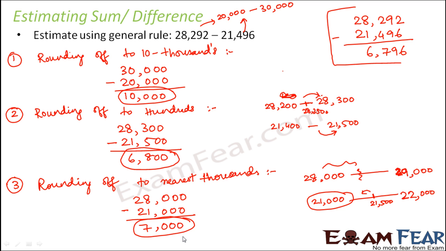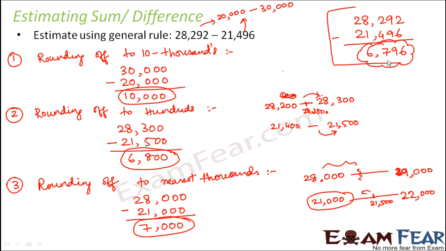And what should have been the actual difference? The actual difference is 6,796. Now let us talk about the accuracy, and also how fast each of these scenarios was. In terms of accuracy, which of these three values is nearest to the accurate value?